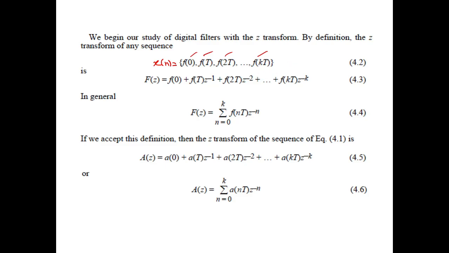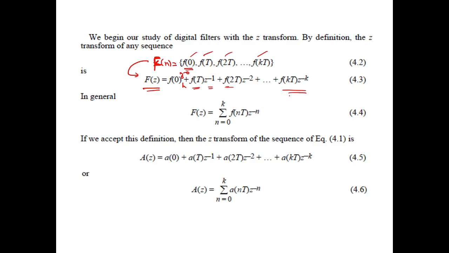Now, if we apply the Z transform over here, instead of x[n], let's take it as f[n]. Then we get this equation F(z), which is in the complex domain. It becomes f(0) into z to the power minus 0, which is equal to 1, so they have not put anything. Then f(T) z to the power minus 1, f(2T) z to the power minus 2, and so on.